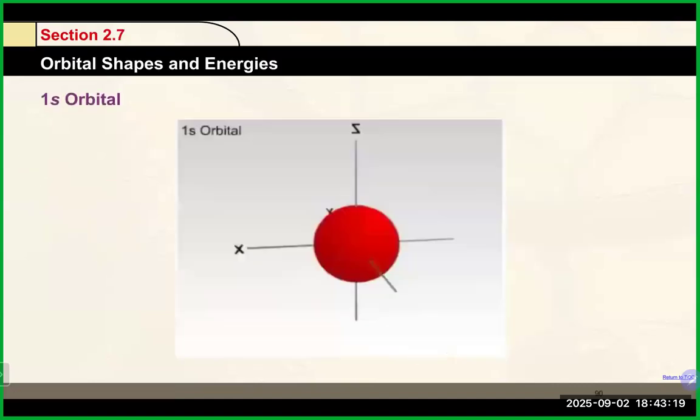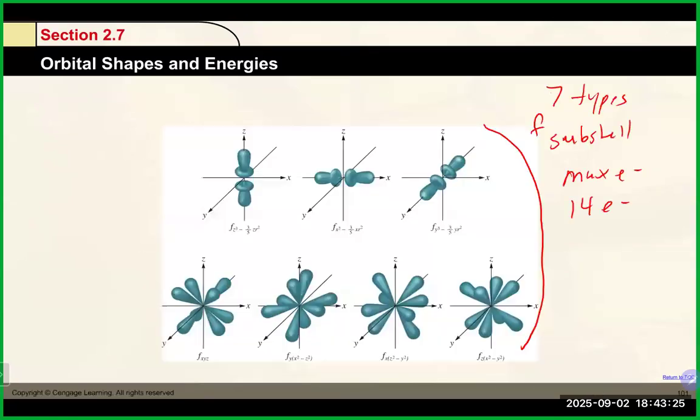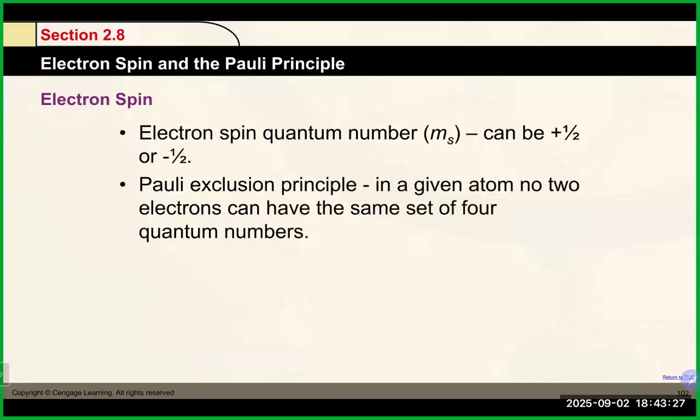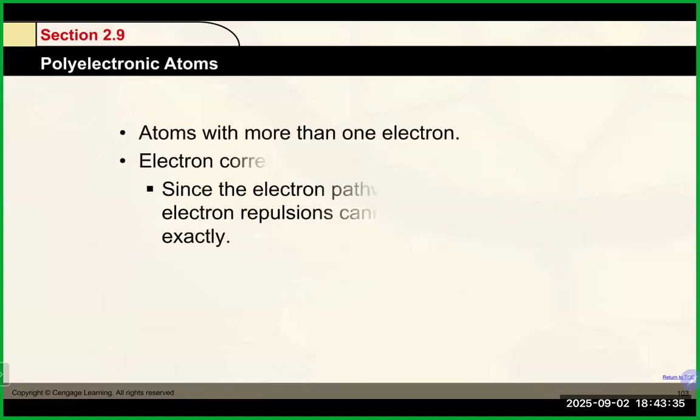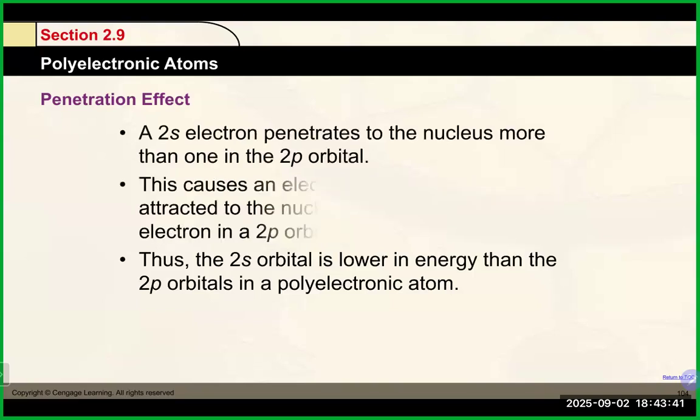All right, let's see here. That we talked about last time. We saw those wonderful animations. We talked about spin again and Pauli's exclusion rule. We talked about that, so don't worry too much about that.